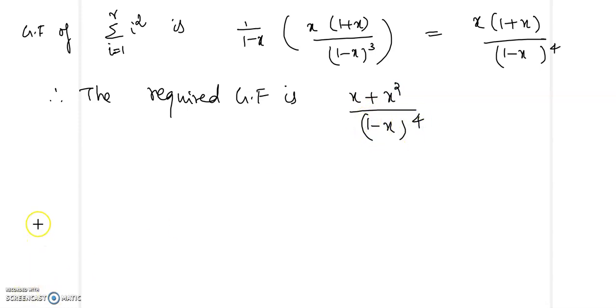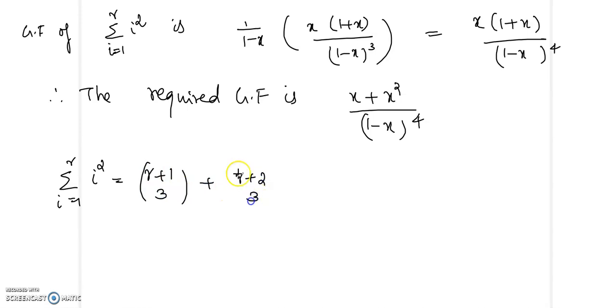We need to show that summation i equal to 1 to r i square is equal to r plus 1 c3 plus r plus 2 c3. So to show that the summation is equal to this, we have this series, so if we prove that the coefficient of this series is this, that's how we'll solve this.